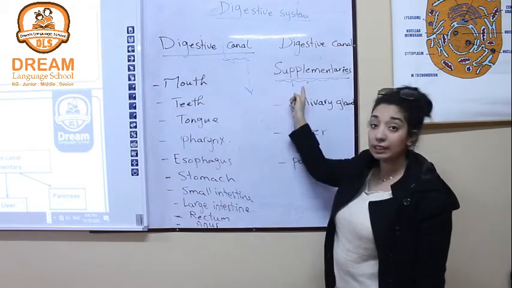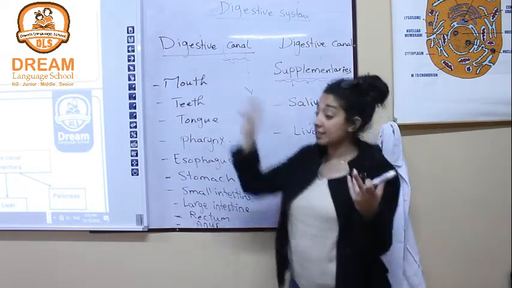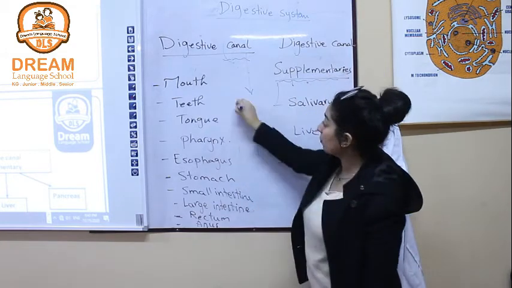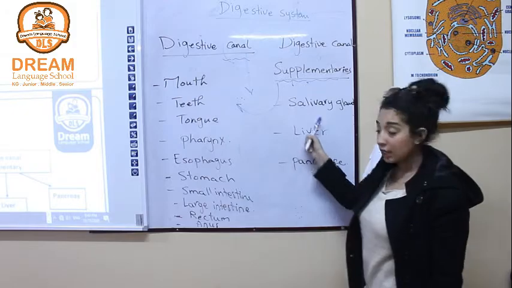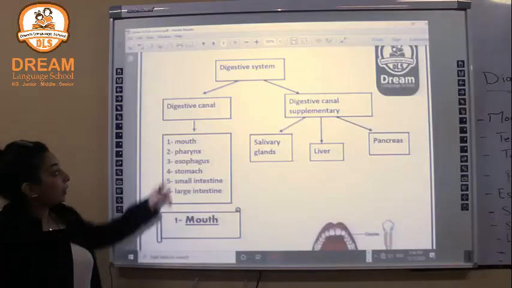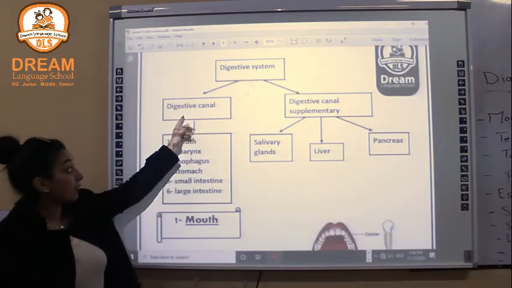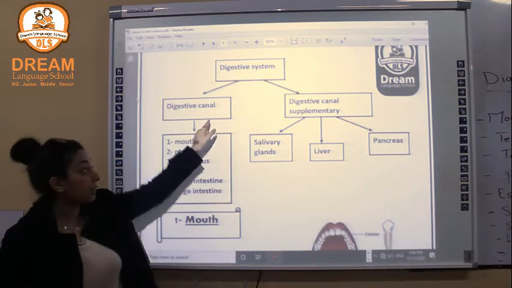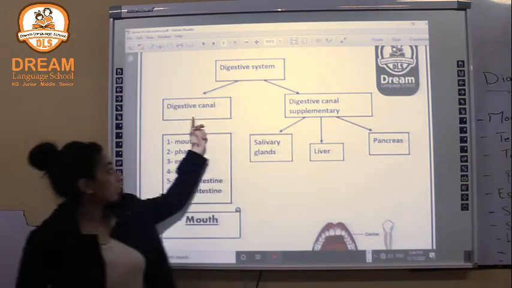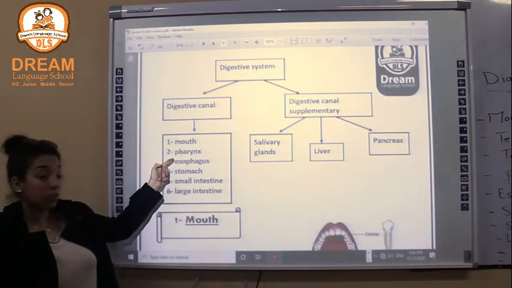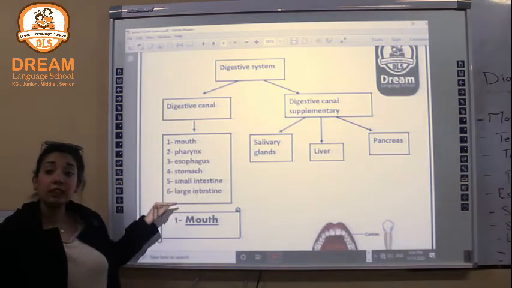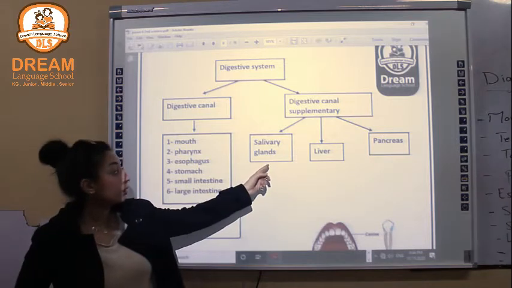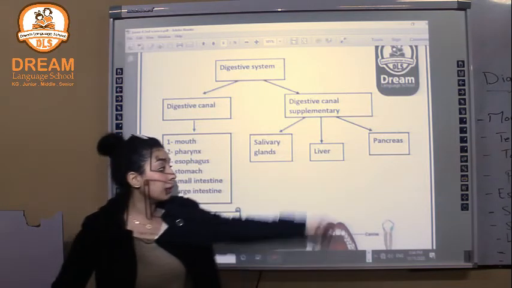And the digestive canal supplementary, the assistants that help the canal digest the food faster, are salivary gland, liver, pancreas. So the digestive system has the digestive canal and their assistants.